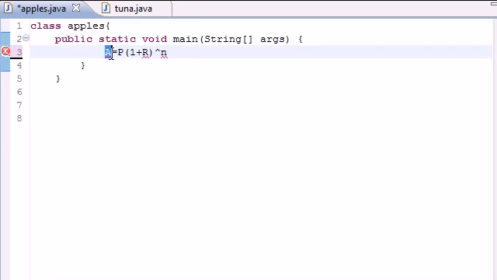So we want to solve for A, and what we need to do is find P, the principal, 10,000, times 1 plus 1% to the power of n, the number of years.